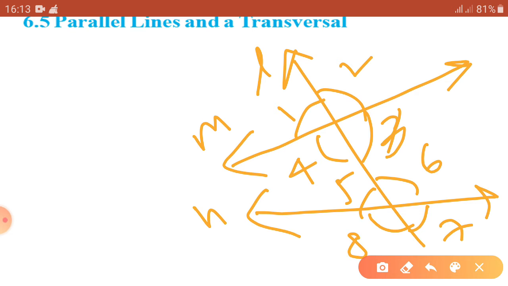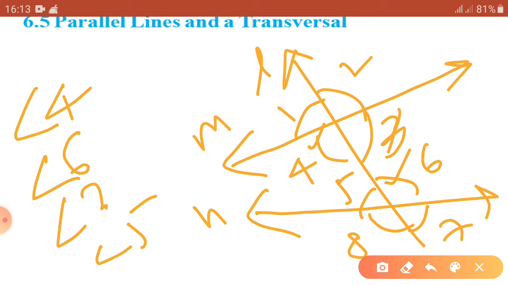Okay, so now if I talk about alternate interior angles, here angle 4 and angle 6 are alternate interior angles. And here angle 3 and angle 5 are the second alternate interior angles.